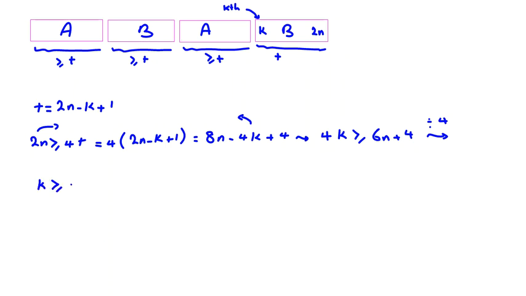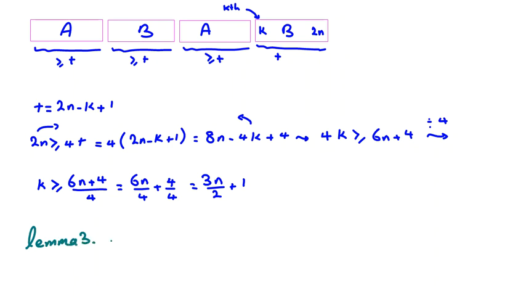K is at least 6n plus 4 over 4, which will be what? 6n over 4 plus 4 over 4. 6n over 4 is what? 3n over 2 plus 1. So, as lemma 3, we've reached another good lemma. Lemma 3.